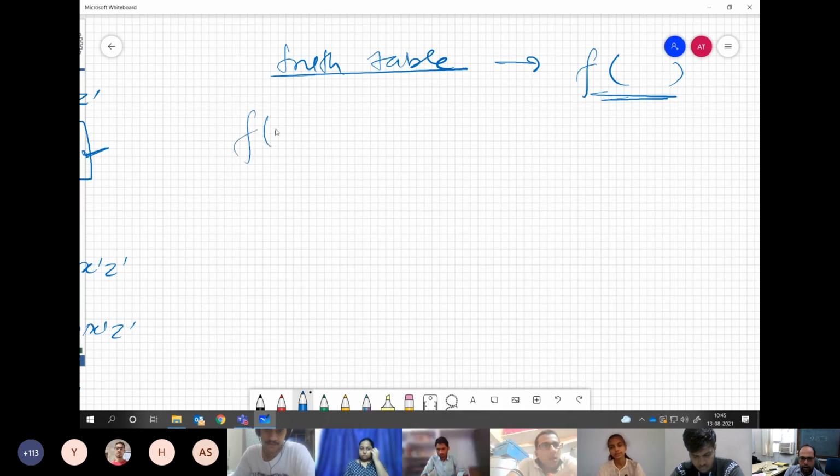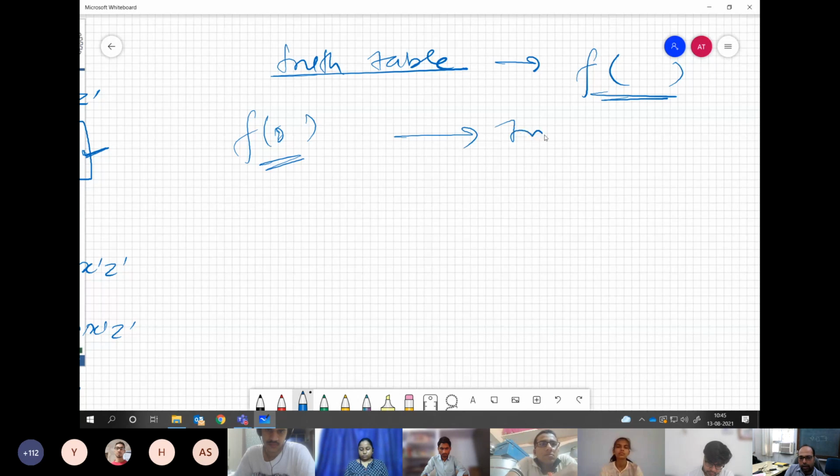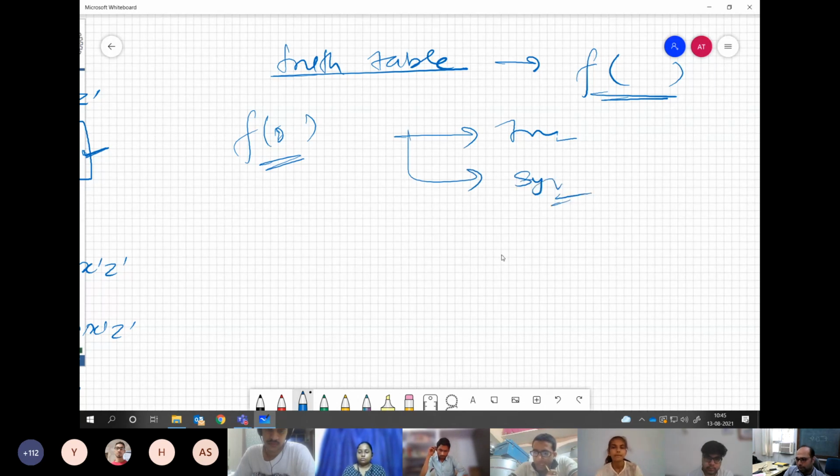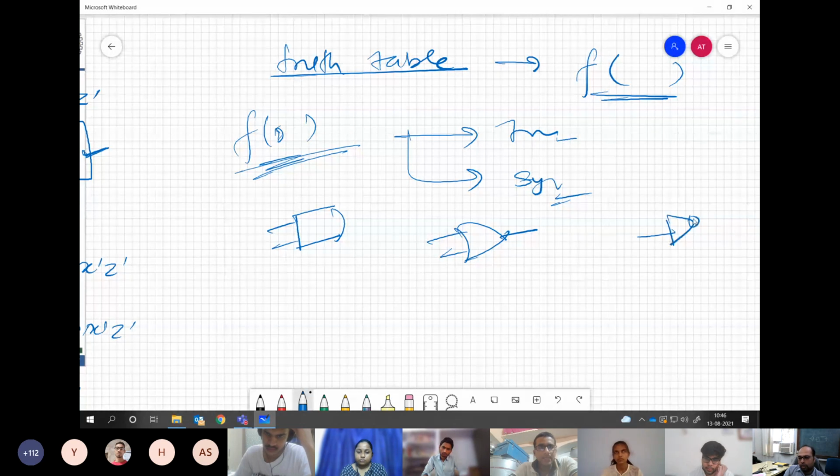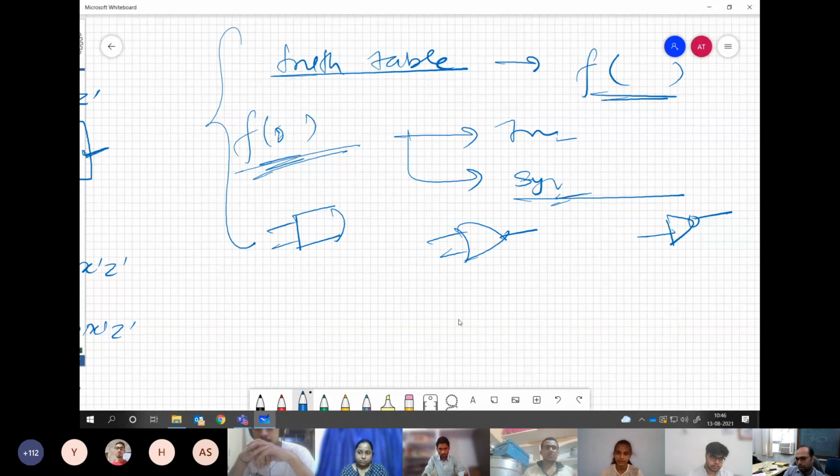Or if any function is given, with a set of 2-3 variables, how to write the truth table of that and how to synthesize it. By synthesizing I mean how will you actually generate the output using this function, using the basic circuits we have learned, the AND, OR gates and NOT. How will we synthesize this circuit? So these two things we are yet to learn.